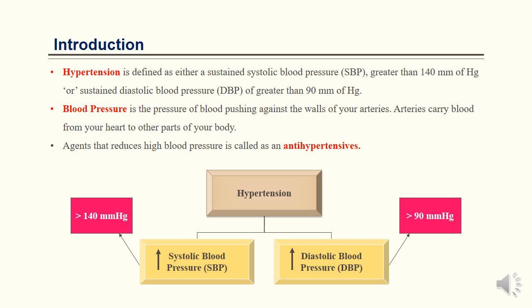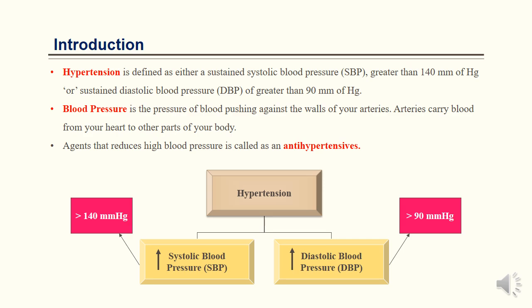And hypertension is defined as blood pressure greater than the normal ranges, like the systolic blood pressure is more than 140 mm of Hg and the diastolic blood pressure is more than 90 mm of Hg. In simple words, we can say hypertension is also called high blood pressure, which means blood pressure that is higher than the normal range.